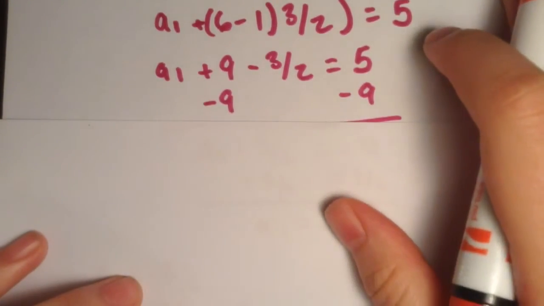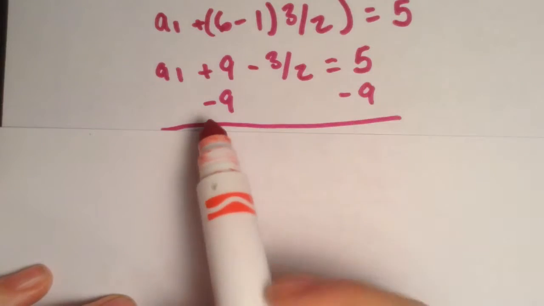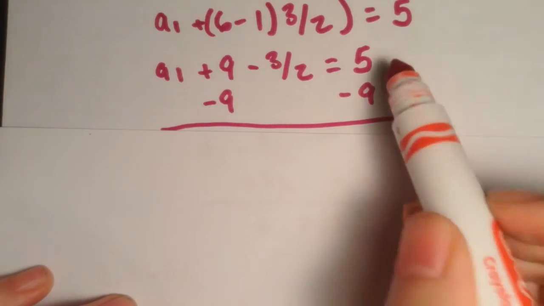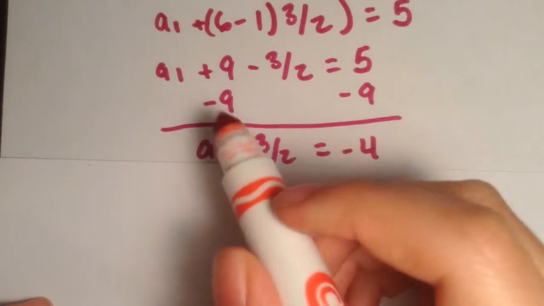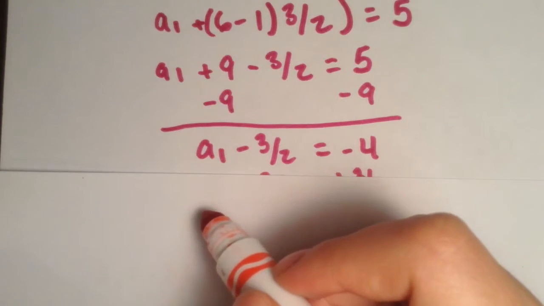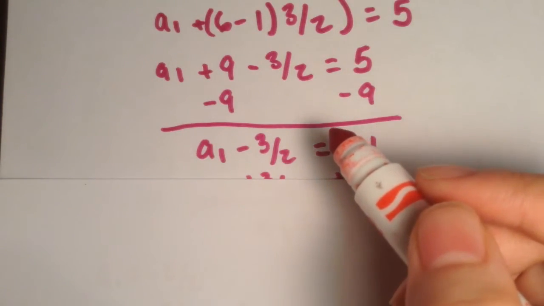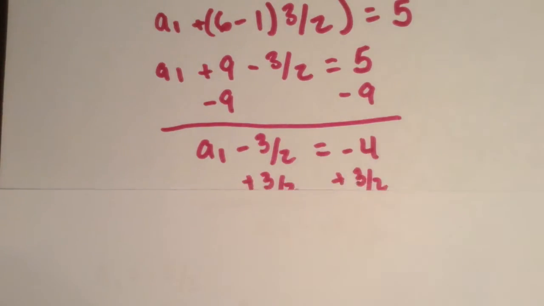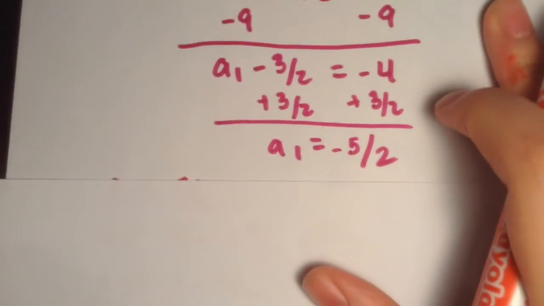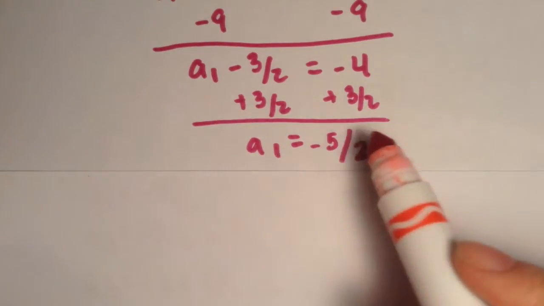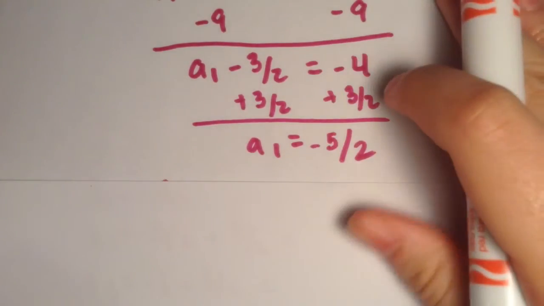Then we subtract the 9, so 5 minus 9 equals -4, and we're left with a sub 1 minus 3/2 equals -4. Then we add 3/2 to both sides, and a sub 1 equals -5/2.